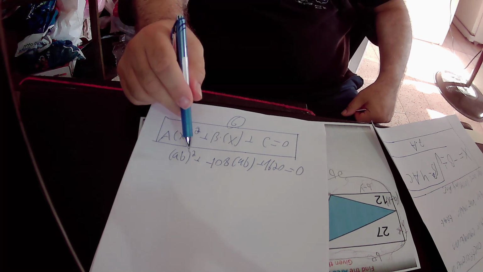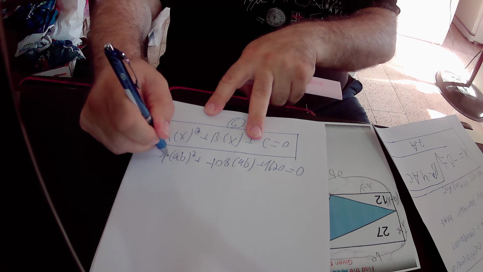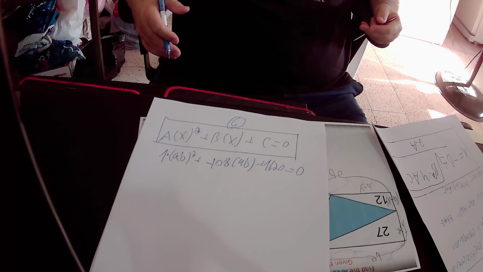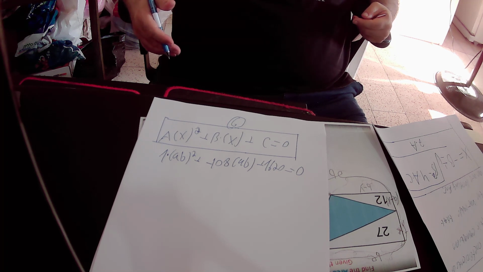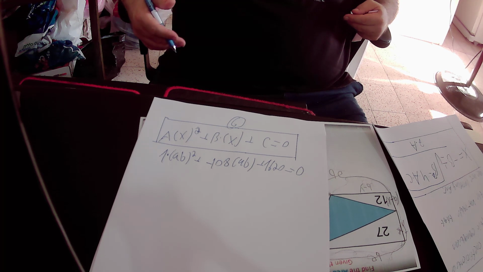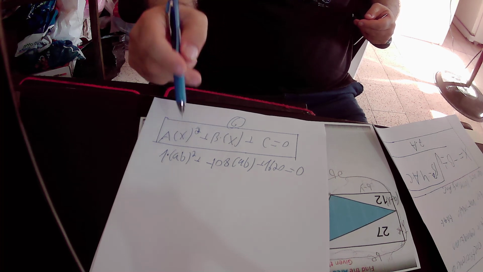We can multiply AB squared by 1, because you can always multiply an expression by 1. By multiplying an expression or number by 1, you are not changing it, so it is allowable. A number times 1 equals the number itself. So we change nothing by multiplying this expression by 1.